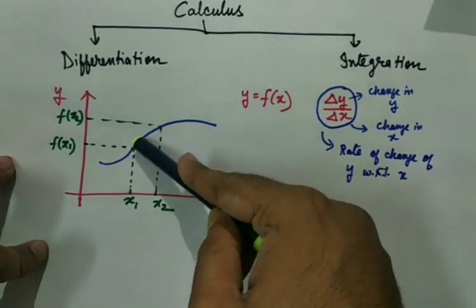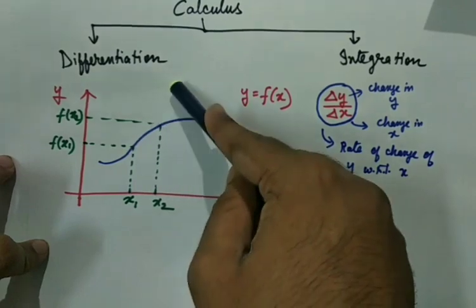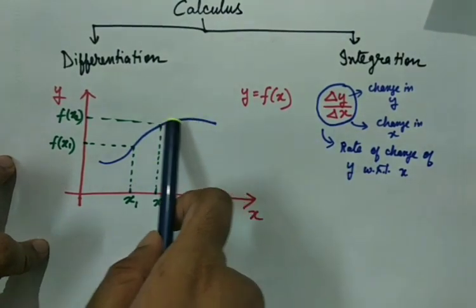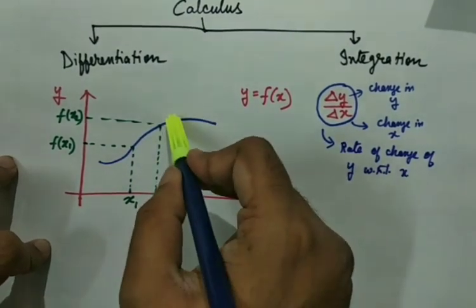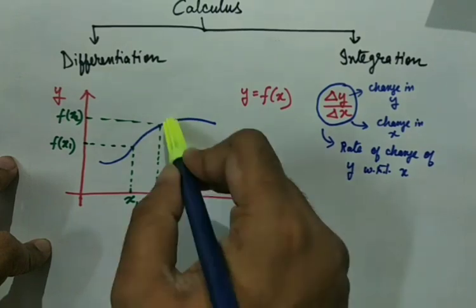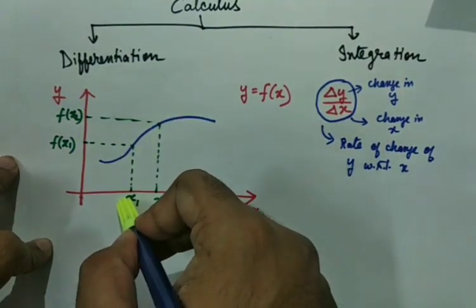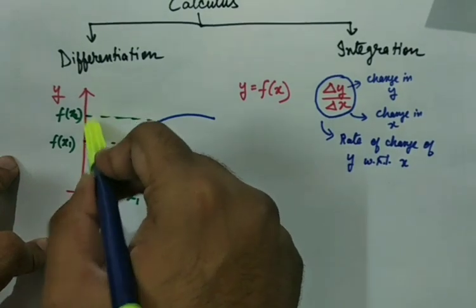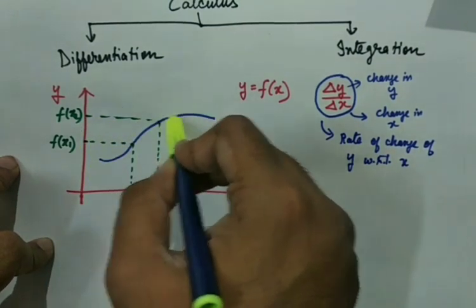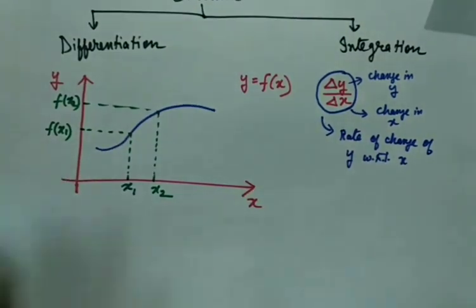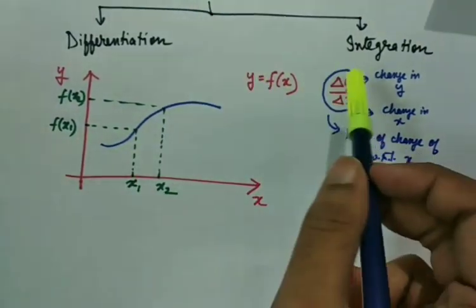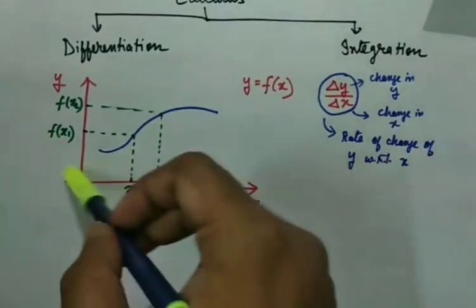Like if the curve was something like this, then the y would have changed more. Let's see at this point. At this point, for a little bit change in x, the change in y is not much. But at this point, for some change in x, the change in y is greater than at this interval. So, this is different for different parts of this graph.